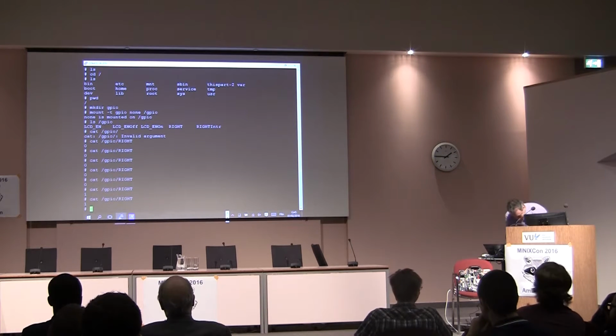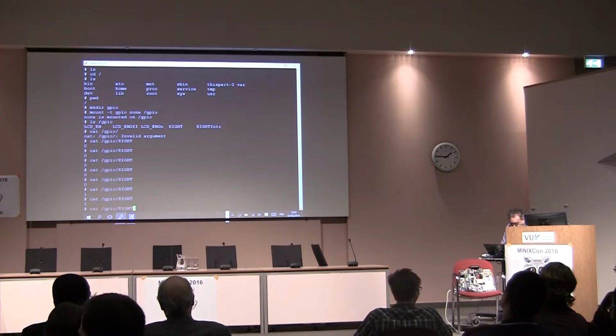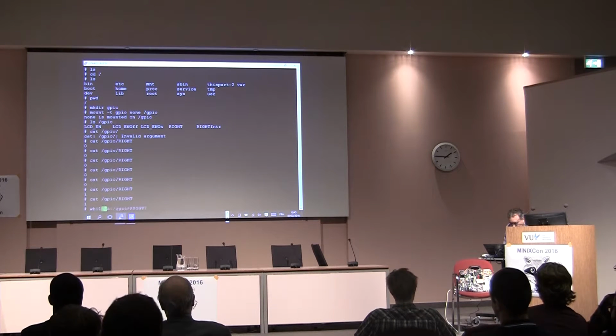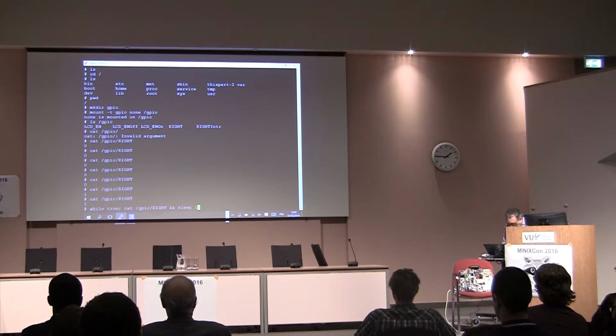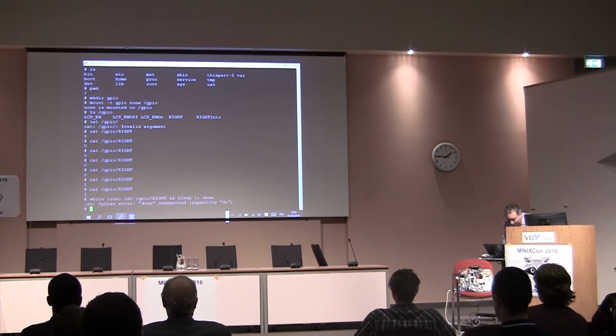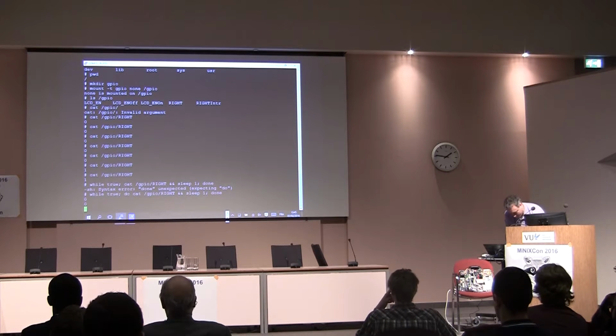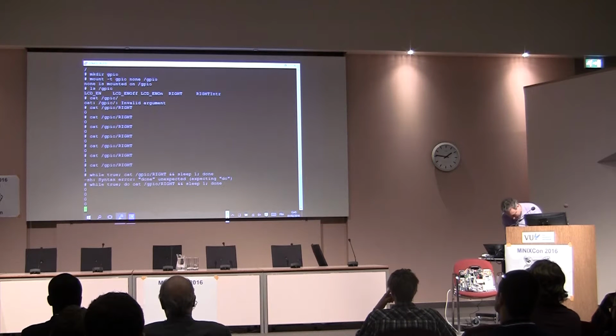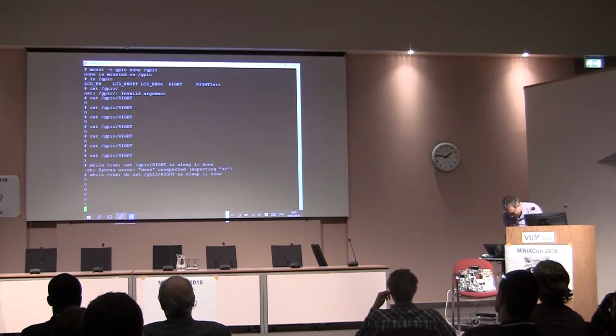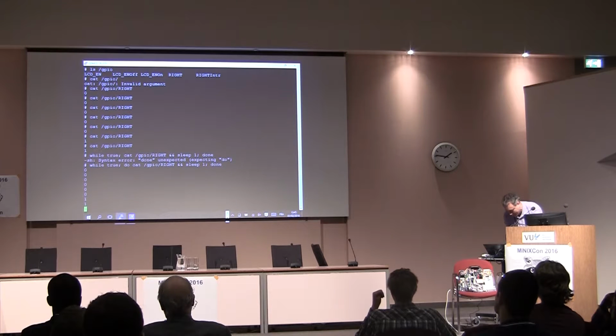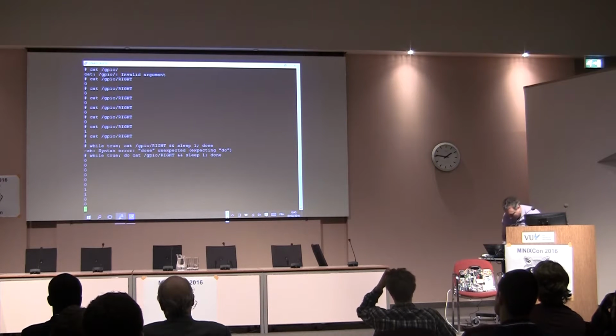There it is. Okay, so 0, 0, 0. Now we're going to attach and detach. So attaching, detaching. You get the picture, right?